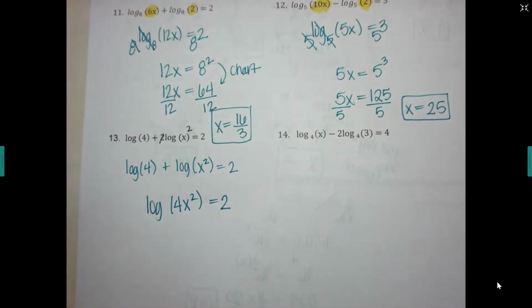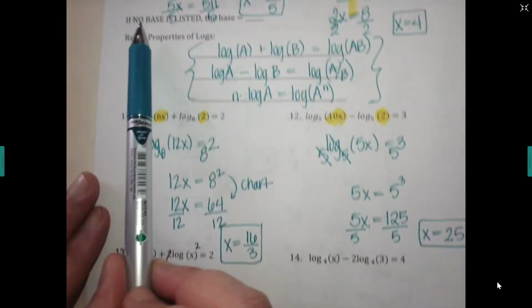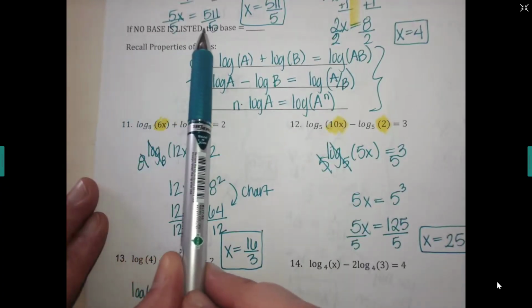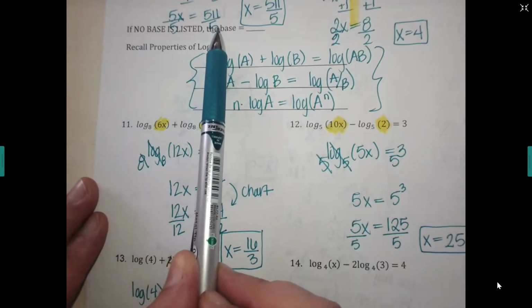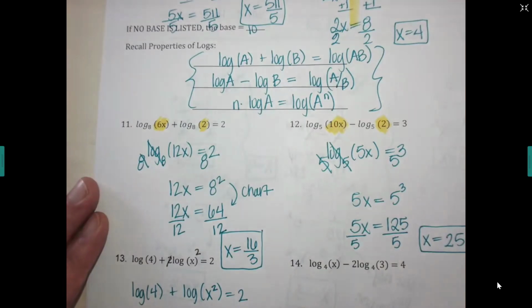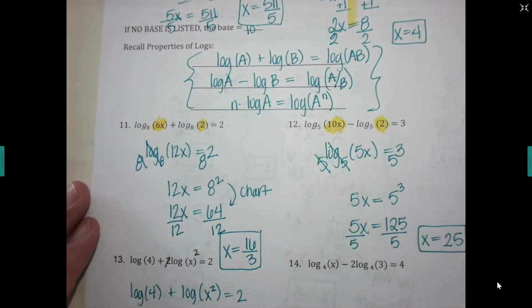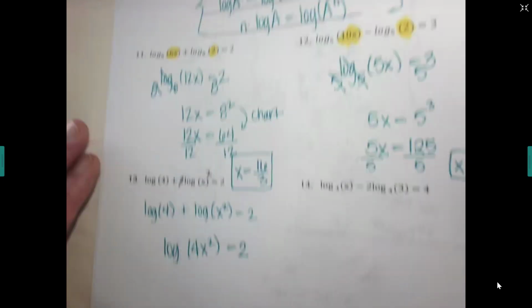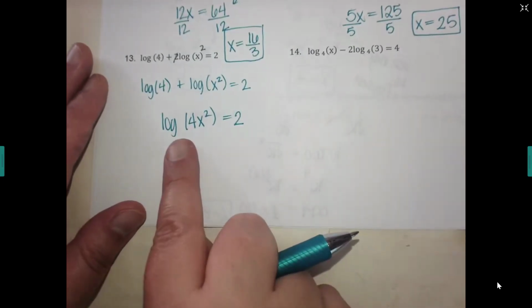Okay, and then I forgot to fill in this blank for you, but right here I kind of scribbled on it. Do you see where it says, if no base is listed, the base is automatically a 10? So fill in that little blank here: if you ever have on your homework or review no little number listed, it counts as a 10. So now that we know that, this log doesn't have a base, that means it's a little 10.